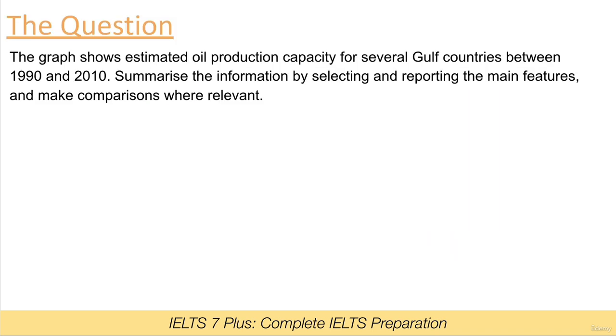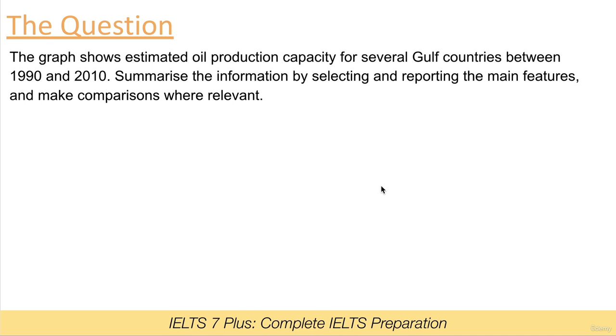Okay, the question itself, the task. The graph shows estimated oil production capacity for several Gulf countries between 1990 and 2010. Summarize the information by selecting and reporting the main features and make comparisons where relevant. Okay, so we're being told what to do here. We need to select and report the main features, only the main features, not every single part of the task.